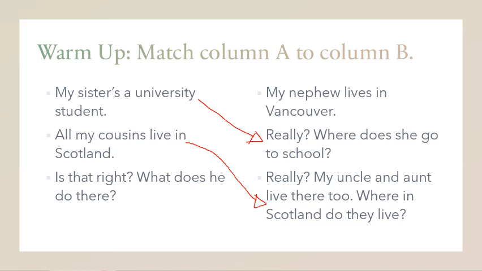If your partner told you, all my cousins live in Scotland, probably you would ask him or her, really? My uncle and aunt live there too. Where in Scotland do they live? Because he said his cousins live in Scotland, of course, you're going to ask about the place in Scotland. Do you understand, students?